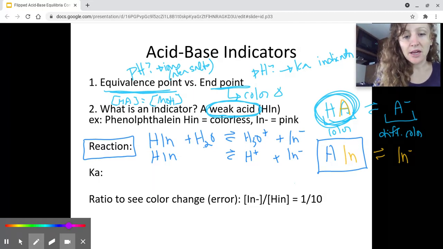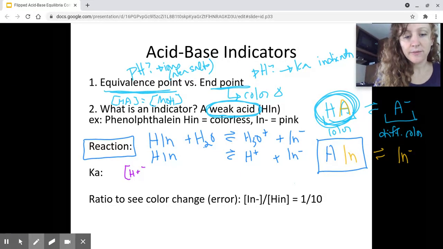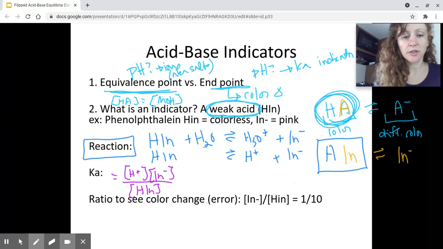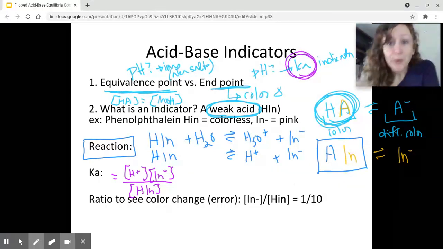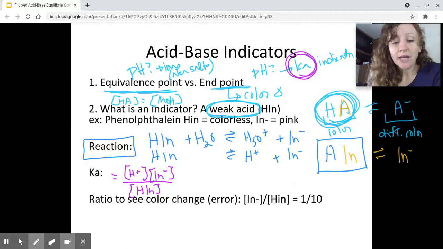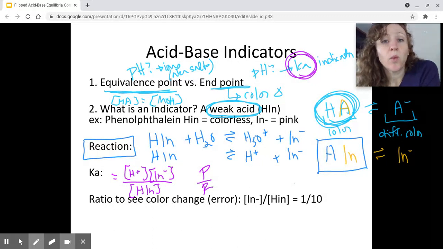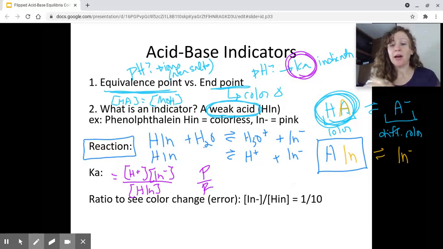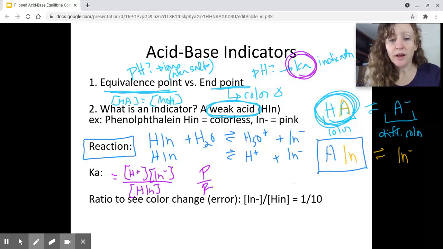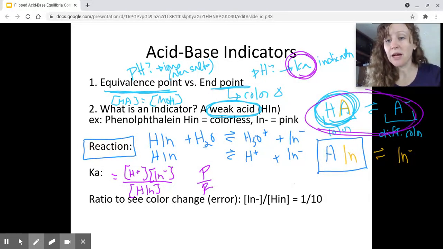And so the Ka would be equal to the products over the reactants. And that's going to be your Ka equation. So again, this Ka, remember, is a ratio of your products over your reactants. So when we talk about where this color change occurs and the fact that the color change is dependent on the Ka, what we're really talking about is the ratio of your colored molecules.